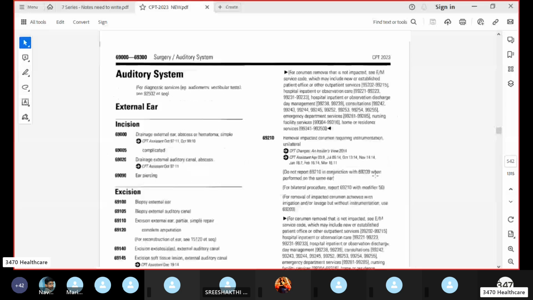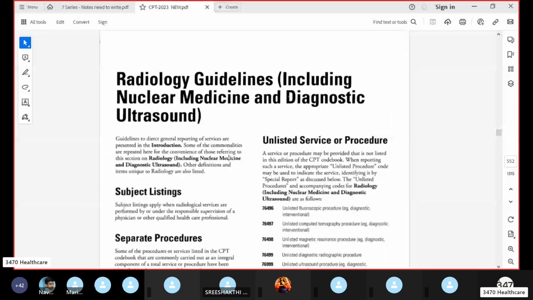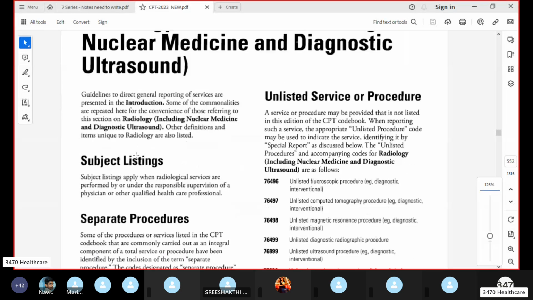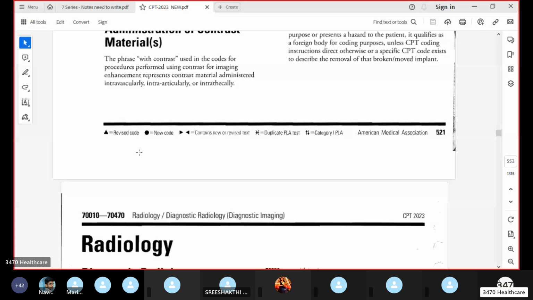You are taking the starting of the 7 series, radiology guidelines, in page number 521.